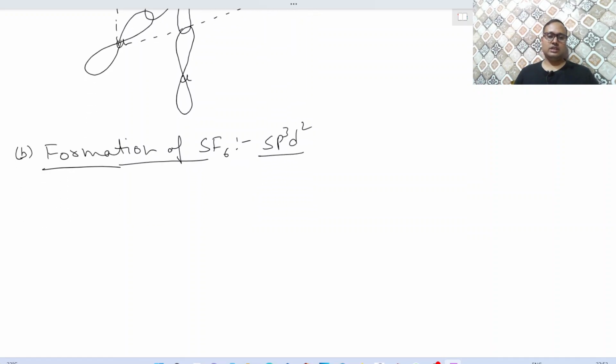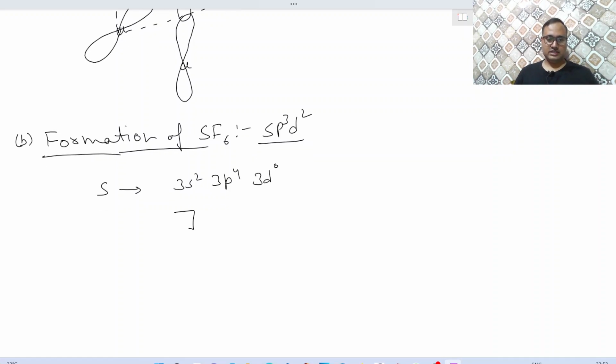If we look at the outer electronic configuration of sulfur, I am only writing the outermost electronic configuration: 3s2, 3p4 and 3d0. It can be represented as 2 electrons in the 3s orbital, 4 electrons in the 3p, and we don't have any electron in the 3d, but I am representing it as an empty orbital.